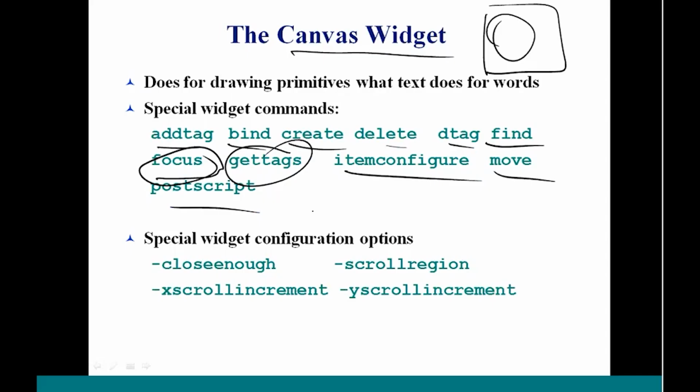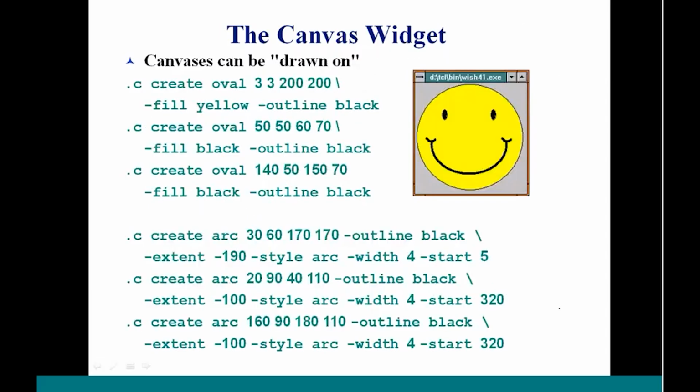We also have other widget configuration options: close enough, scroll region, X scroll increment, and Y scroll increment. Essentially the canvas can be drawn on. Here we can draw a smiley face with all the various things, and the coloring inside. In order to create this, we create an oval, 3, 3, 200, 200, fill yellow, and outline black, which is the color of the outline.